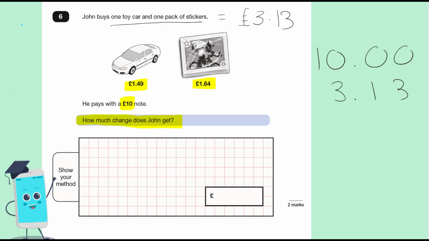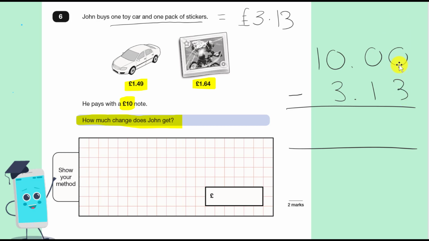And if I only wrote £10 like that, it would be very complicated. So I must put in my pennies as well. And remember that I'm subtracting, so I'd put my subtraction sign in, my minus sign. So you could also do this with a number line, but I'm going to use the standard written method.